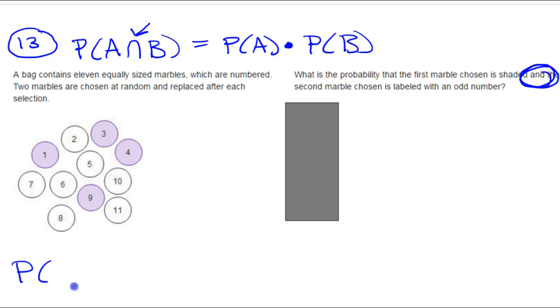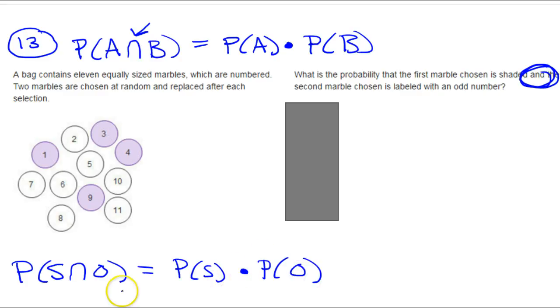I'm going to use S for shaded and O for odd. So the probability of picking a shaded marble and an odd numbered marble should equal the probability of picking a shaded marble times the probability of picking an odd numbered marble.